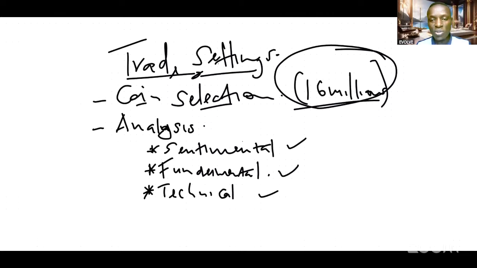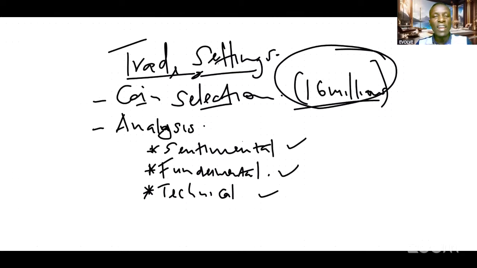Then fundamental analysis involves analyzing the foundation and the strength of a particular project, of a certain coin you want to trade, going into its tokenomics, checking its social media accounts, seeing how active these people are, how it is progressing, how the coins are distributed.